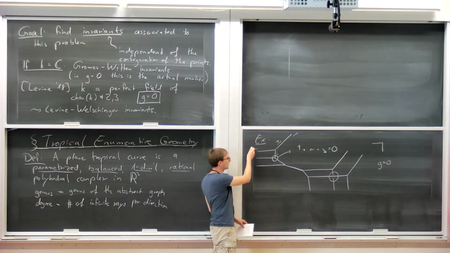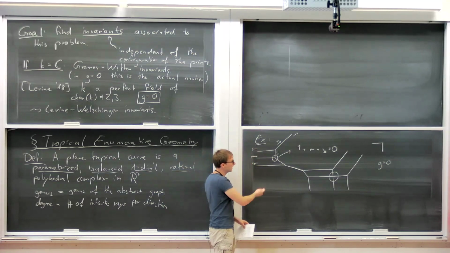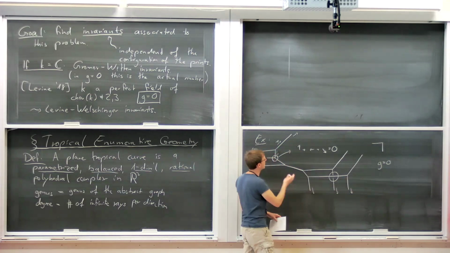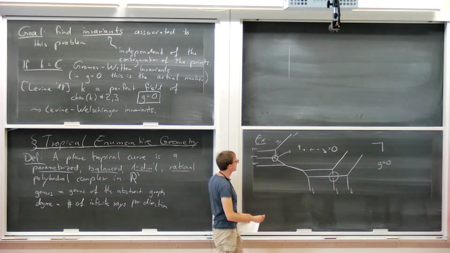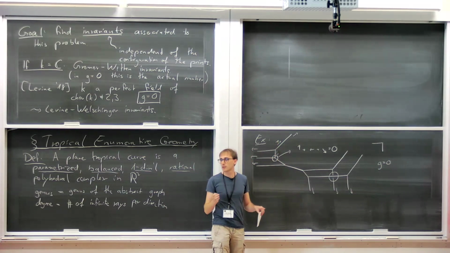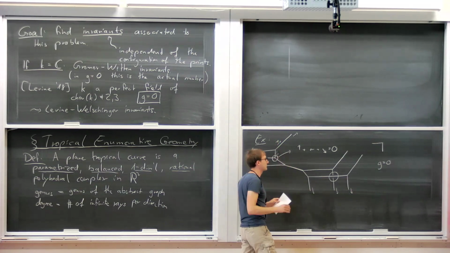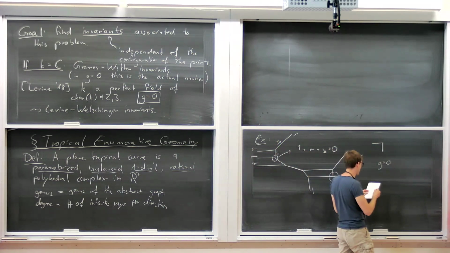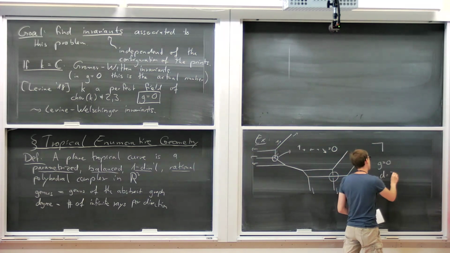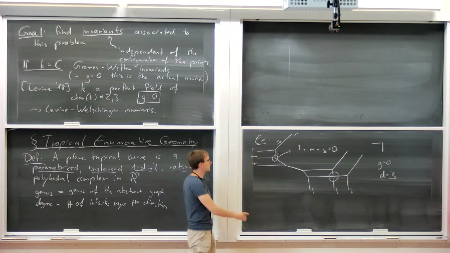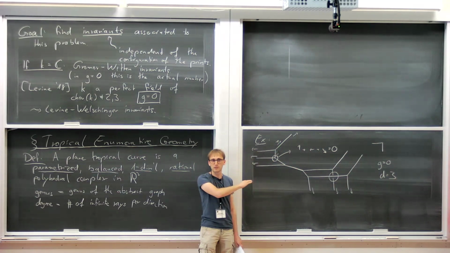I've got some going off to the left over here, I've got some going down here, and I've got some going up to the top right corner. And in each direction, I happen to have 3. It's just a sketch of a definition. So this number 3 is the degree of the curve. So in other words, this is really a plane tropical cubic curve.